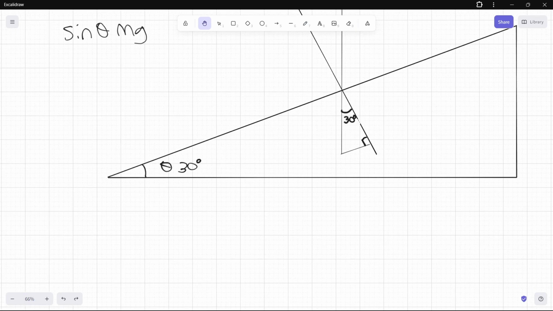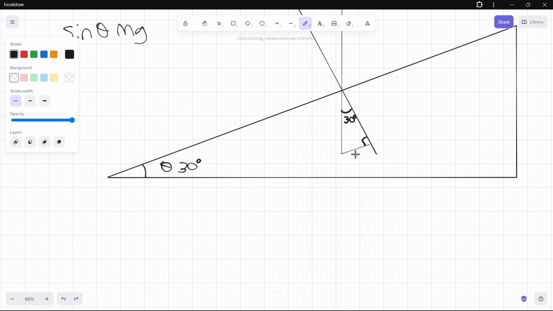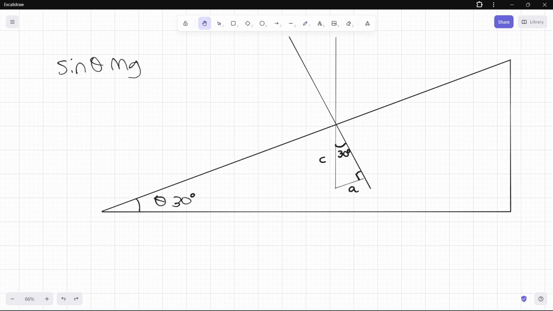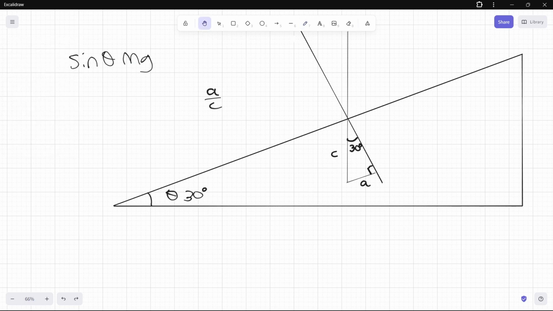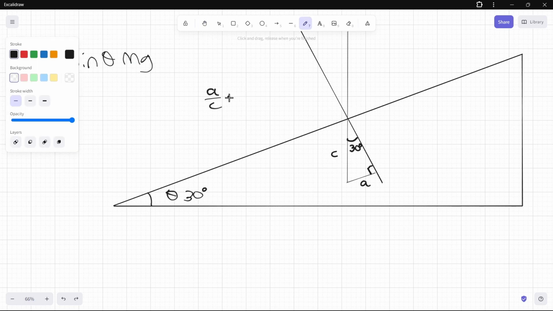So that means this 30 degrees, the opposite over the hypotenuse would be, let's just say this side is A, this side is C. So the sine of theta would be A over C. And then we know mg is the downward force, and so that would be your C. So if we multiply by mg, and C equals mg, then these just cancel.